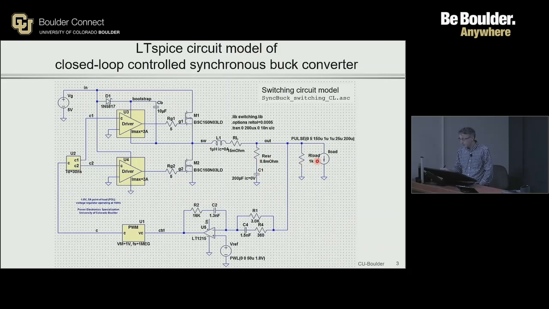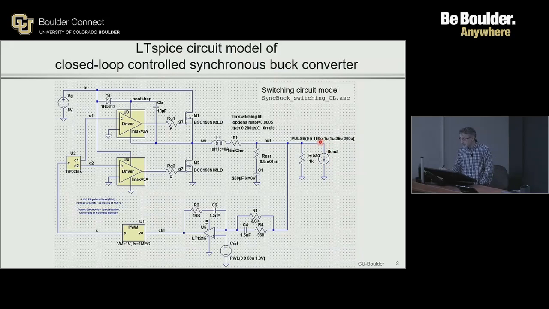At the output, we have a load circuit, and there is always a question of how we actually model the load. In many cases, we don't know exactly what the characteristics of the load are. In this particular case, we model the load as a parallel combination of some load resistance, here shown as 1 kilo ohm, in parallel with a current sink that models the current taken by the load, which in this application example could be a microprocessor.